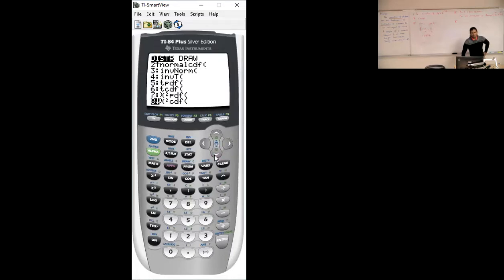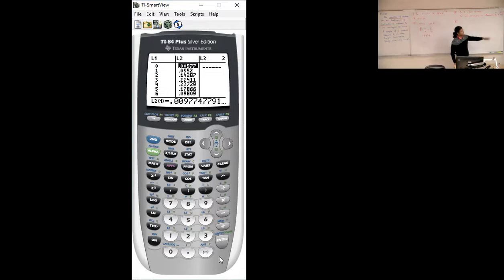Use the up arrow and make sure it goes there. Enter. N, P, and X, which is list 1. Close paren, enter. Those are all the values that I get.